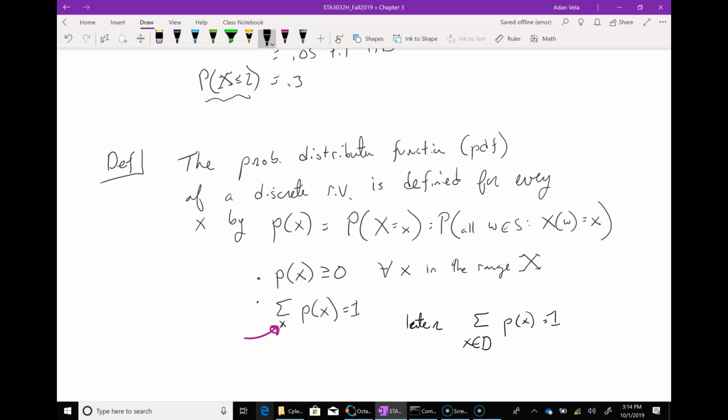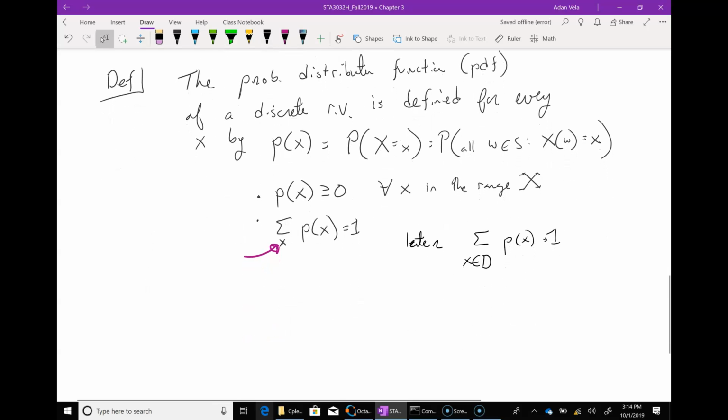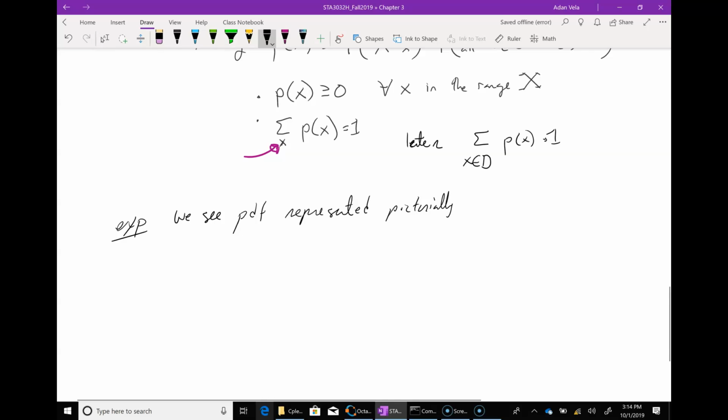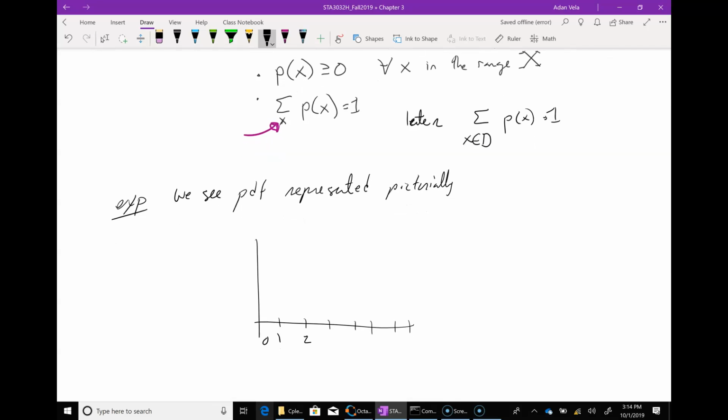Okay, so if we go back to this example problem, we often see PDFs represented pictorially. For this prior example, we had a different number of computers throughout the day: 0, 1, 2, 3, 4, 5, and 6.